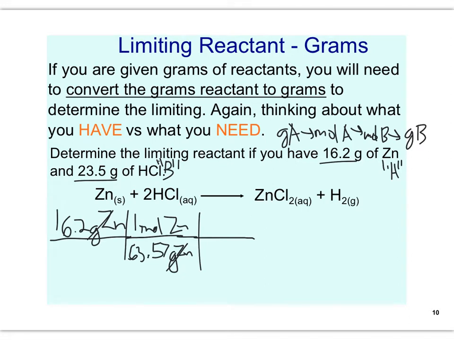So to continue on, I have 1 mole of zinc for every 2 moles of hydrochloric acid.